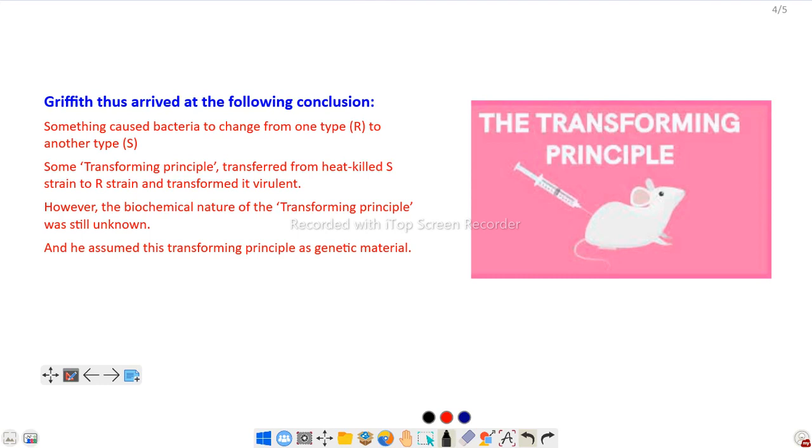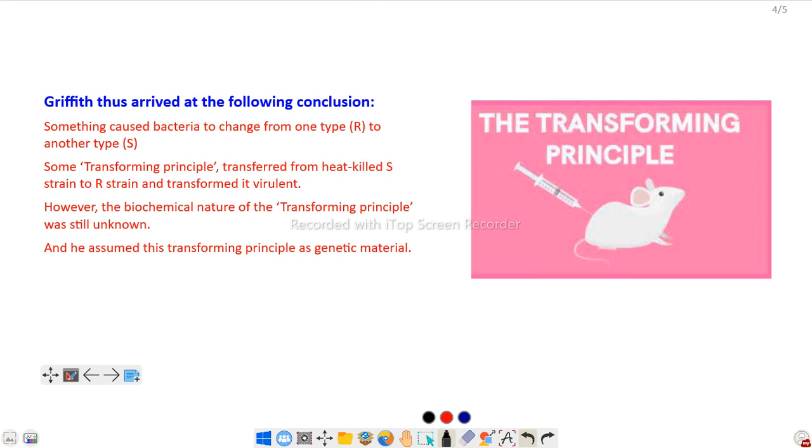Something is transferred, but what is transferred? The transforming principle was still unknown to Griffith, but he only assumed that this transforming principle is somehow the genetic material. But what exactly is the genetic material? What is transferred? He was still unaware of that genetic material.